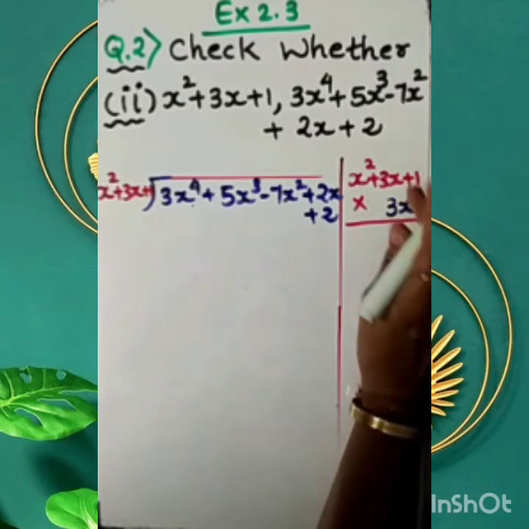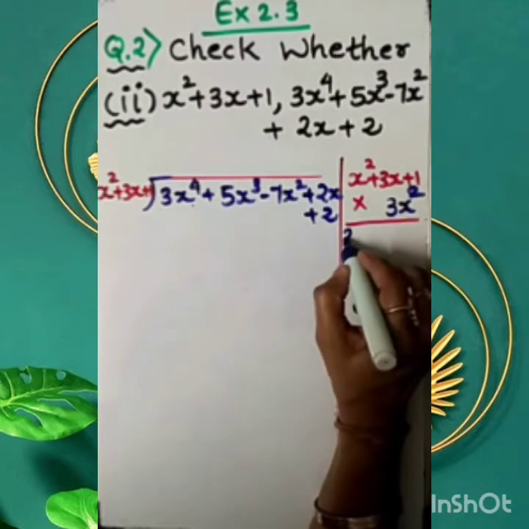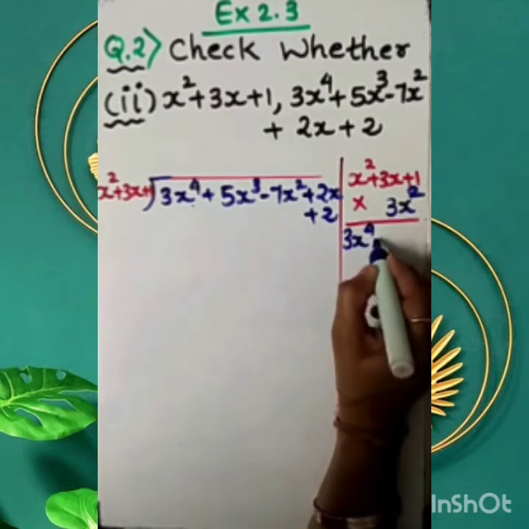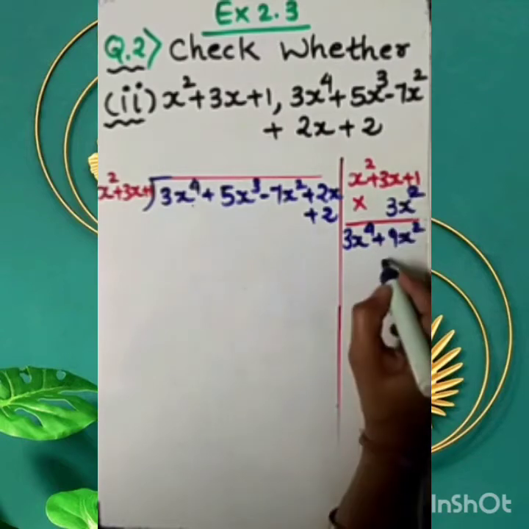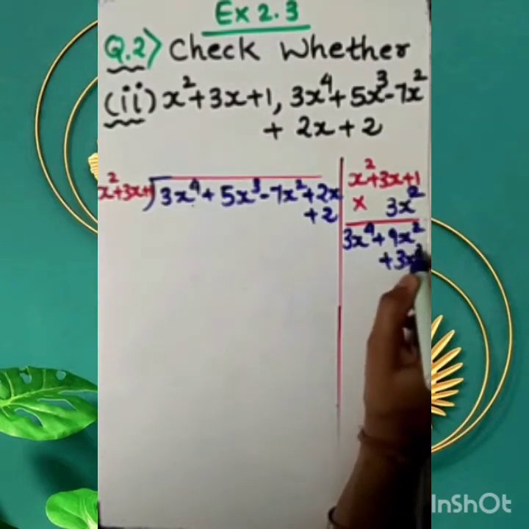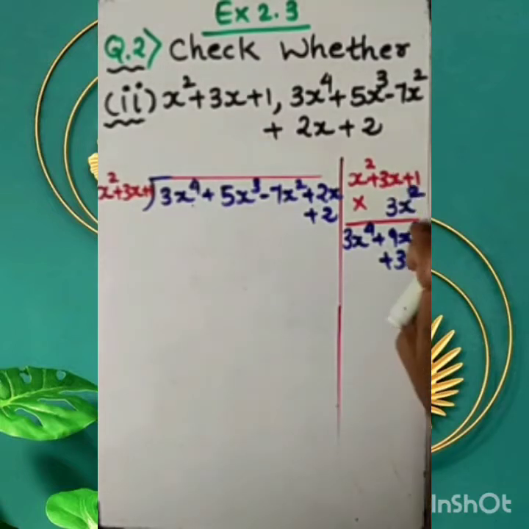So I need to multiply with 3, so I mention here 3x square. So I will have 3x to the power 4, 3 times 3 is 9x cube, plus 3x square. Here it will be cube, not square, because of x square into x.